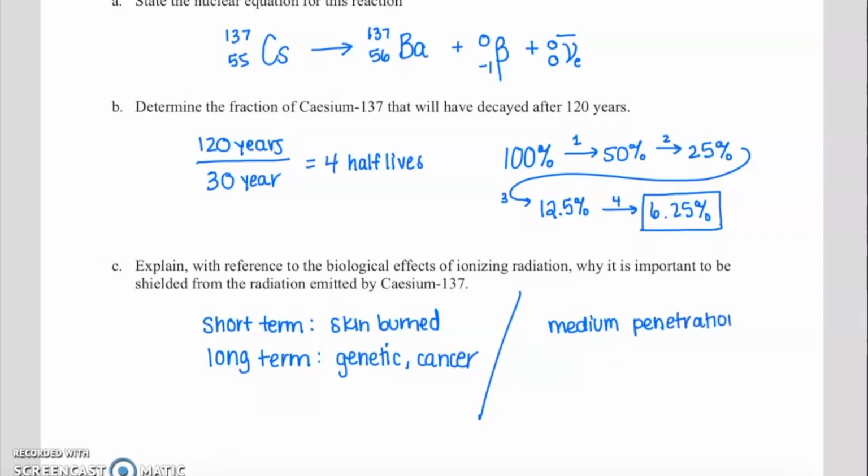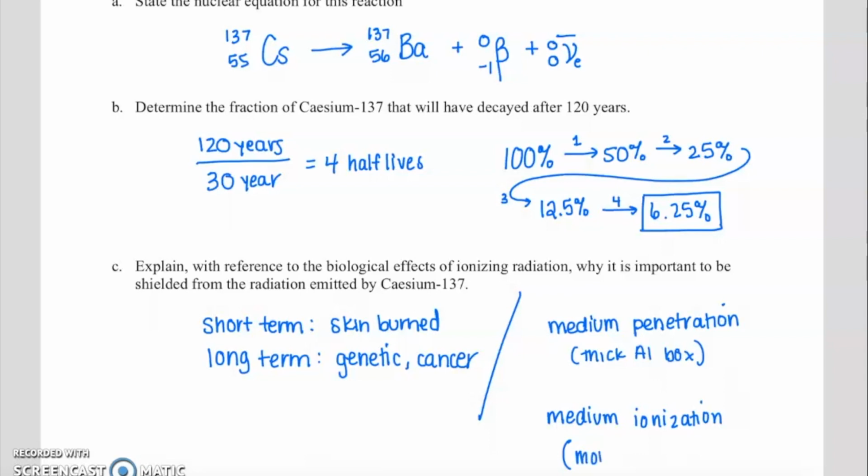So you would want to store this in some sort of thick aluminum box. And of course, it's important to store these because beta particles have medium ionization, meaning that they can ionize the cells in your body more than gamma particles, but less than alpha particles.